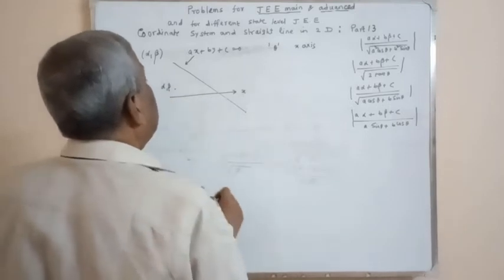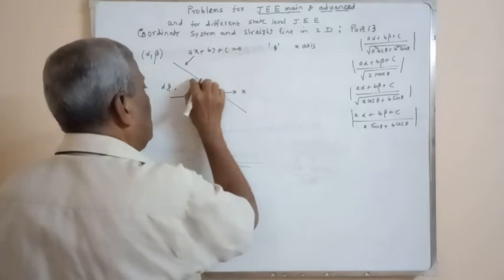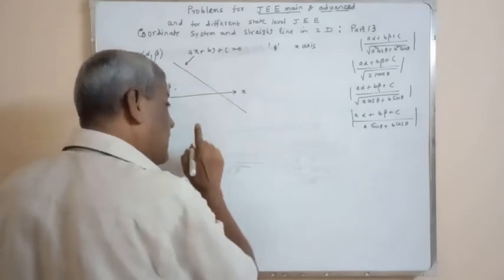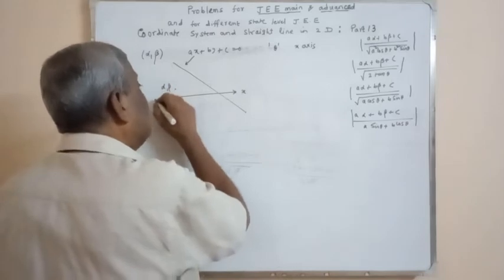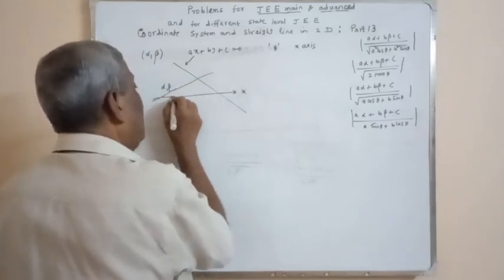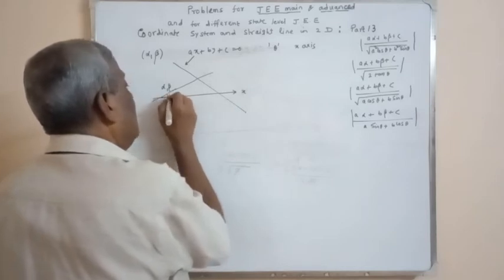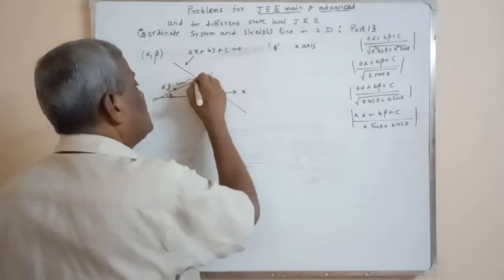We have to find the distance of that point from this straight line measured along a line which makes an angle theta with x-axis. Suppose this angle is theta. So we have to find this distance.